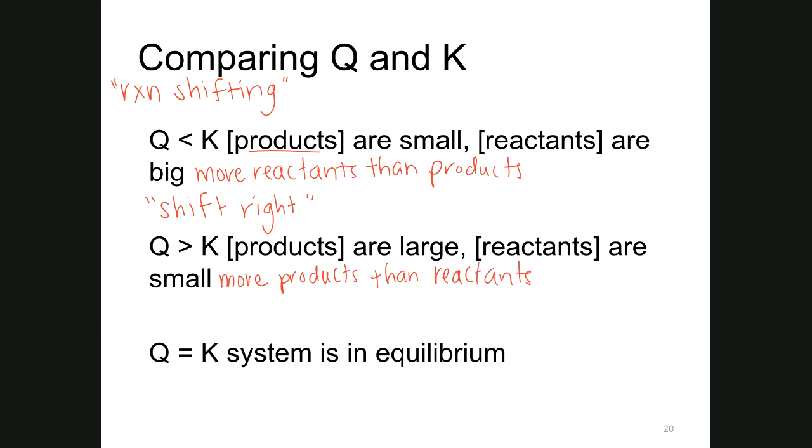So in this case, we need Q to get smaller in order for us to reach equilibrium. So it needs to create more reactants in order for our ratio to decrease. So to get more reactants means we need to shift left.